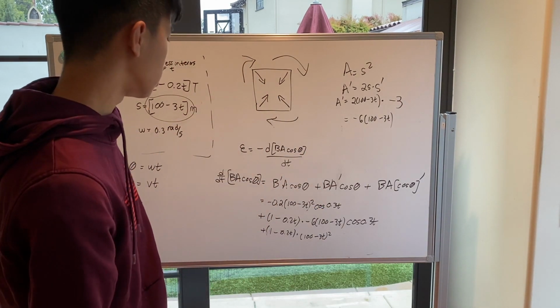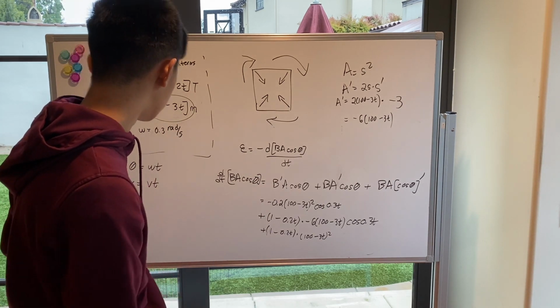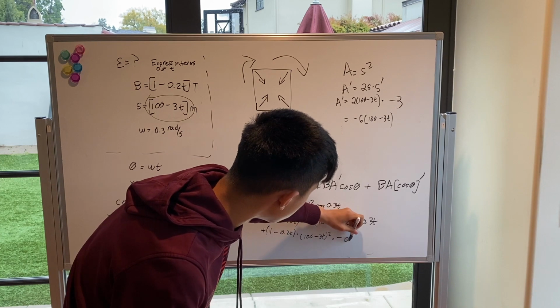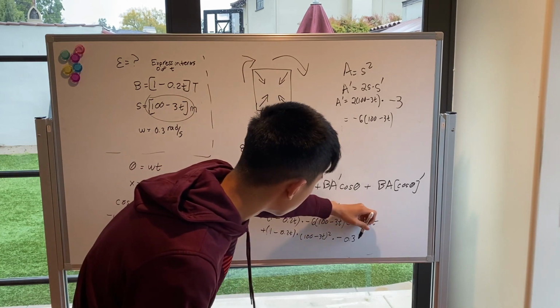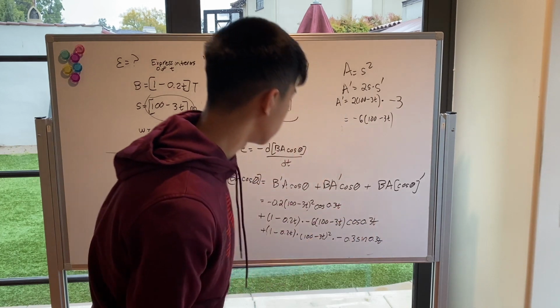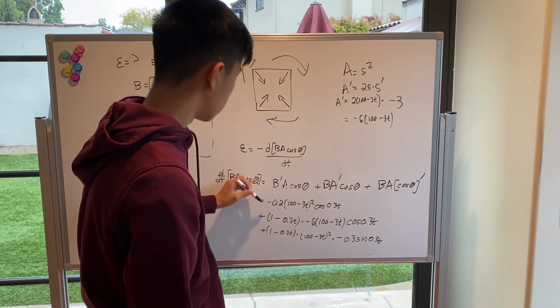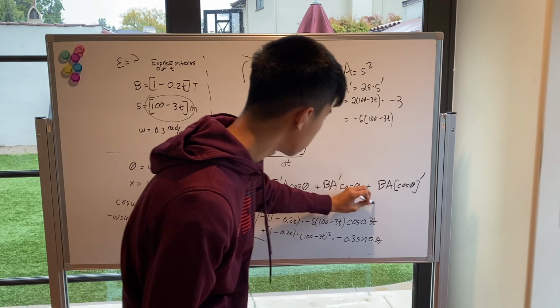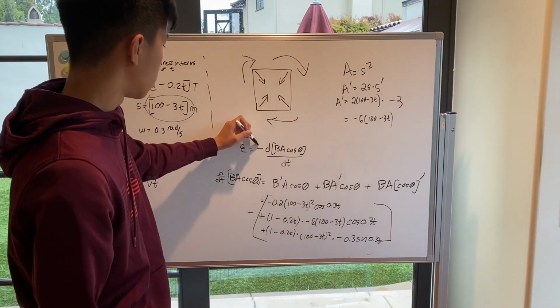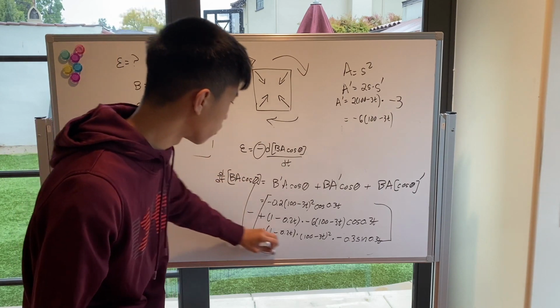And then finally, we have negative w sine 0.3t. And then remember that all of this has a negative sign from here. So that is our final answer.